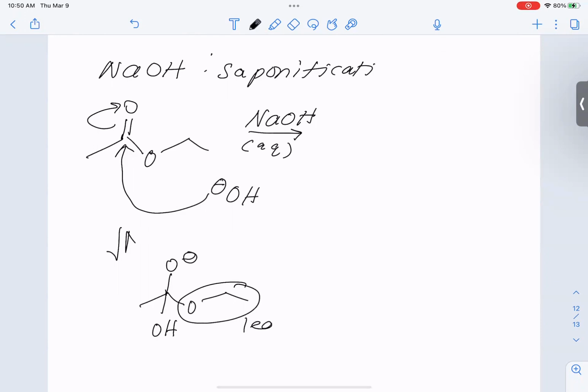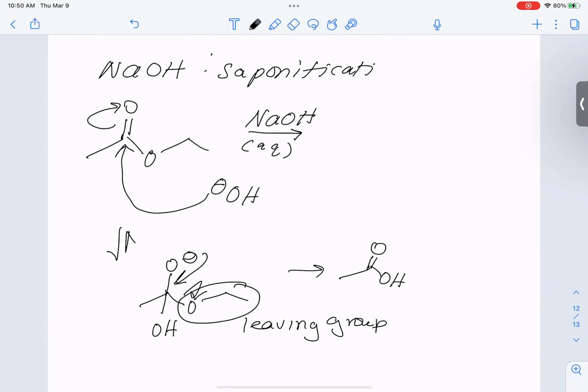I have a leaving group here. It's not the best of leaving groups, but it is a leaving group. So the electrons can come down and we can kick that off.